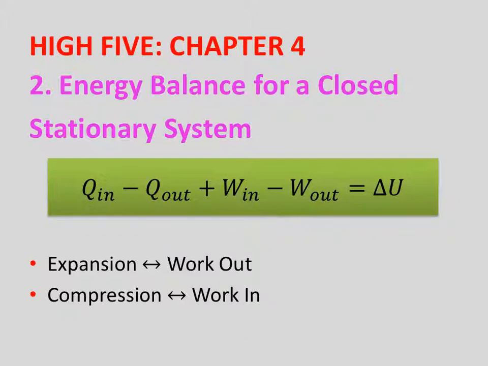So Q in minus Q out plus work in minus work out equals change in internal energy. And this is for a stationary system that is also closed, so no mass transfer.